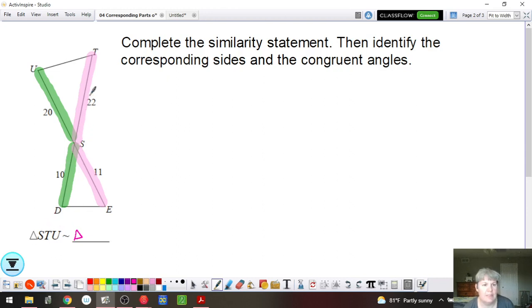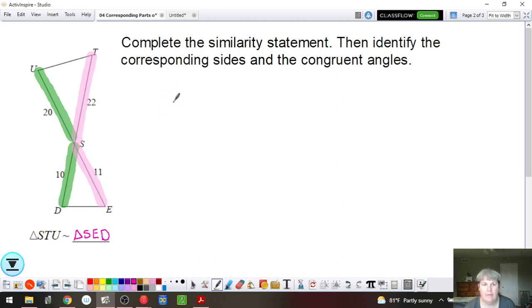Now I mentioned ST, so ST is going to correspond to SE. And then there's only one other point of this triangle, and that's D, so it must go SED. So that's our similarity statement.